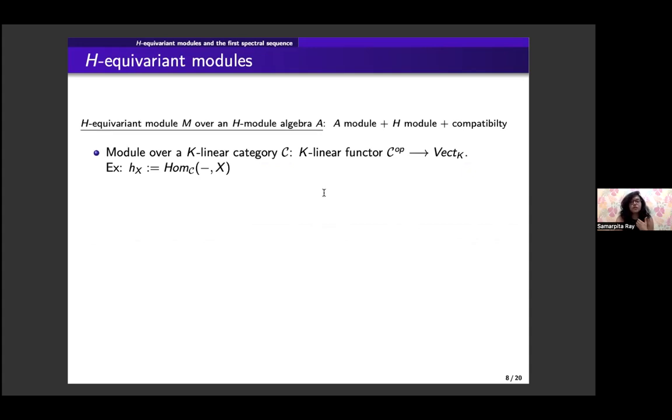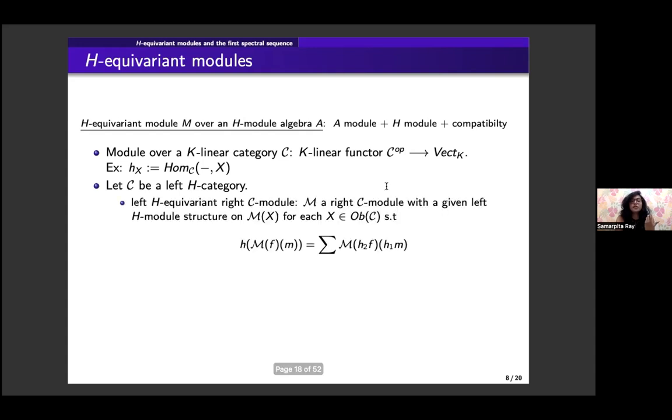As I said, in the sense of categories, the notion of module is replaced by a functor. So you consider a functor over the category.